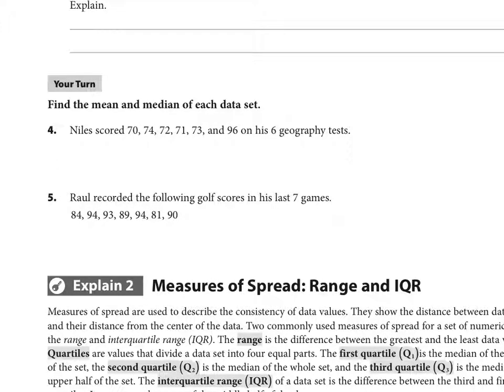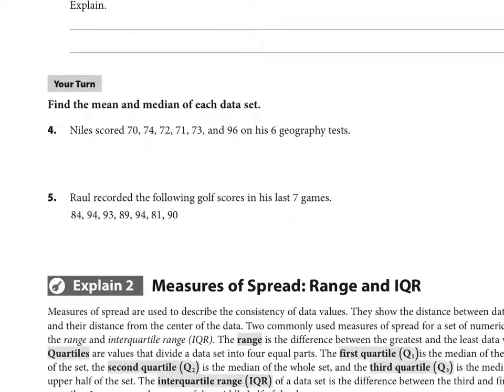So Niall scored on his 6 geography tests 70, 74, 72, 71, 73, and 96. So in order to find the mean, all we have to do is add up all the numbers together. So 70 plus 74 plus 72 plus 71 plus 73 and plus 96.